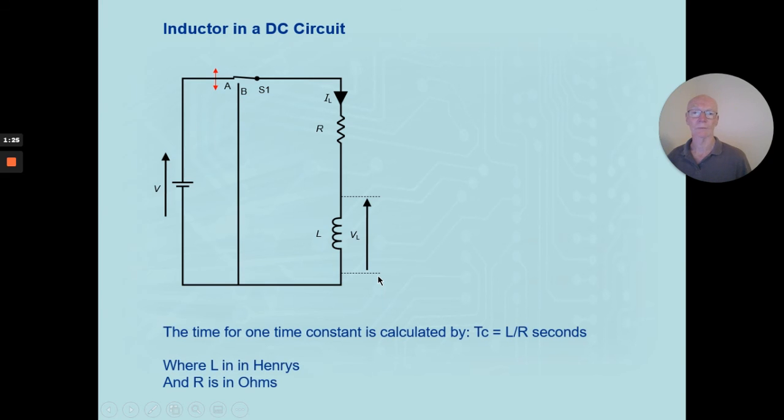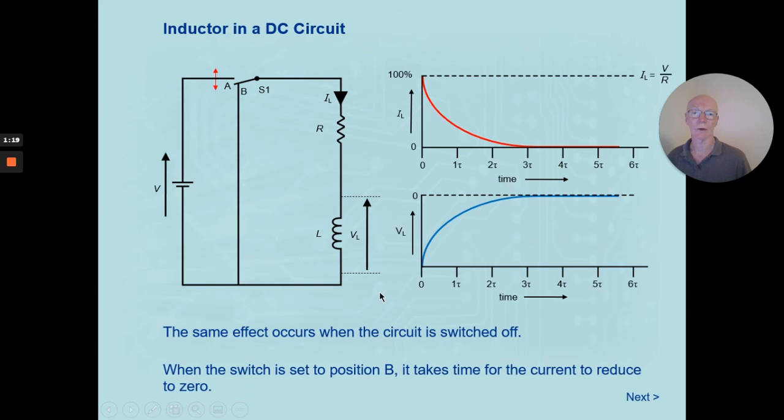In the case of an inductor, the time constant is the time taken to reach 63.2% of the way to full steady state.